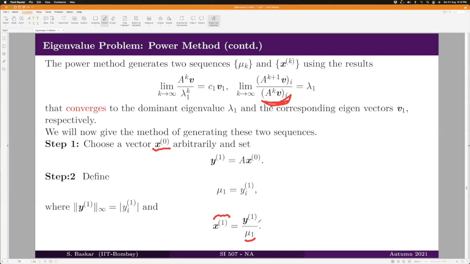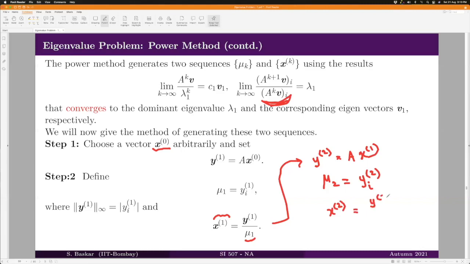Okay. And next time when you go to take the maximum, you again will do the same procedure. You define y2 as A x1 and then mu2 as y_i of y2, where i is the minimum index at which the maximum norm is achieved for the vector y2, and then define x2 as y2 divided by that mu2, right?